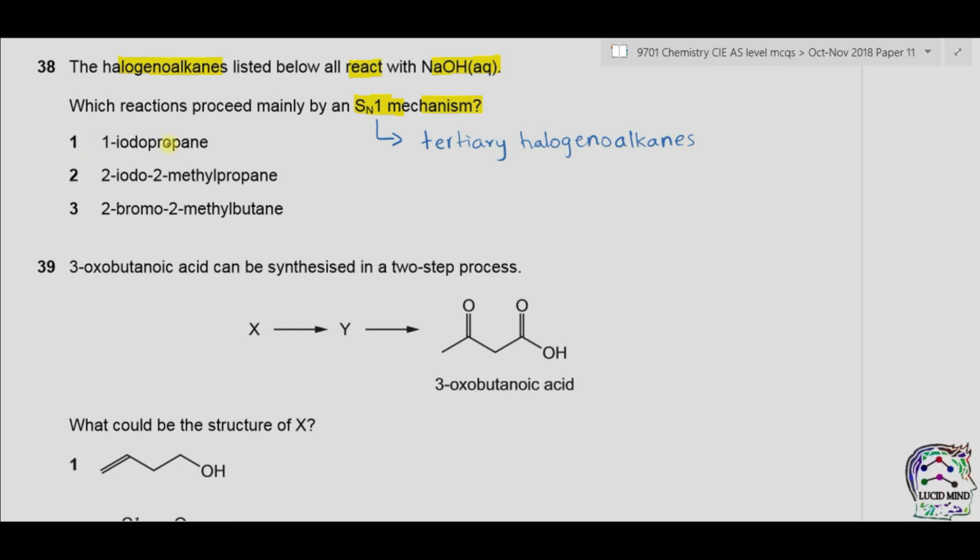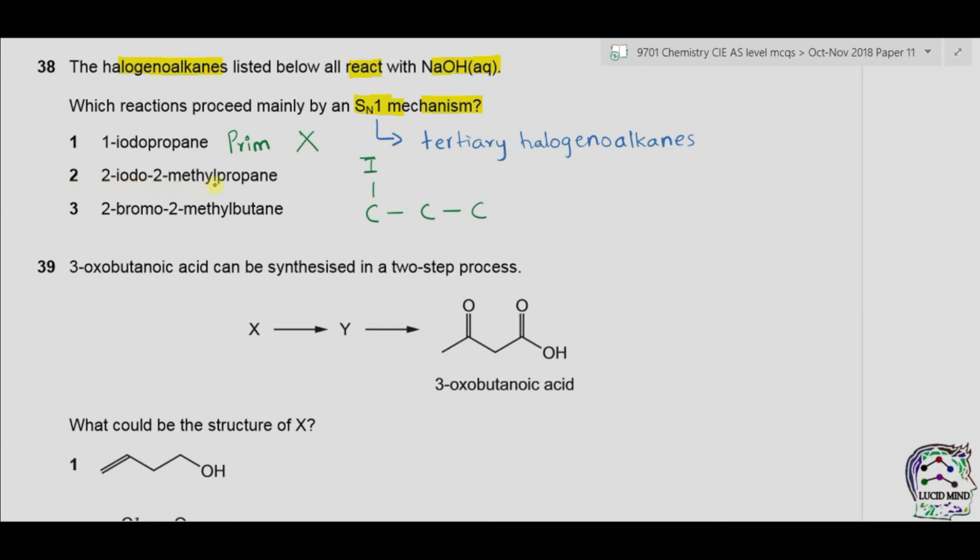Let's find out which one is tertiary. First one is 1-iodopropane. So we have 3 carbon atoms in the long chain as it is propane, and iodine is present on first carbon atom. As we can see that the carbon atom attached with iodine is directly attached with just one carbon atom, so therefore it is primary halogenoalkane. So 1 is incorrect.